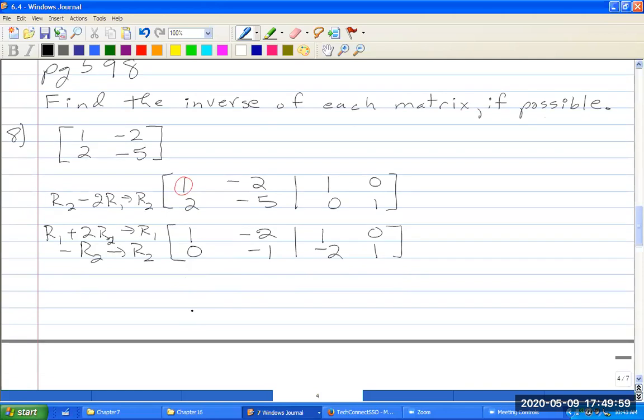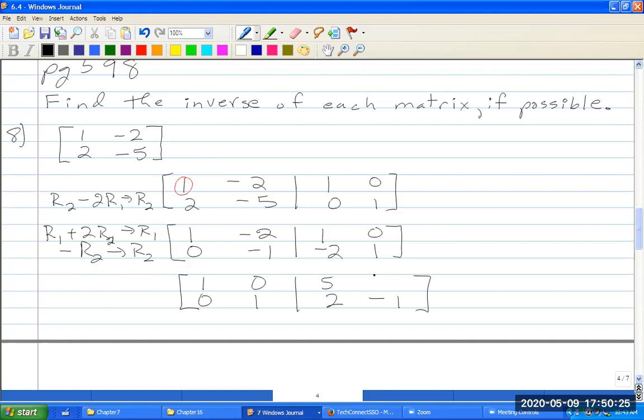Okay, so this is equal to, multiply the second row by -1, so 0, 1, 2, -1. Multiply by 2 and add to the first row. So 0 plus 1, 2 plus 4 plus 1, 5, negative.